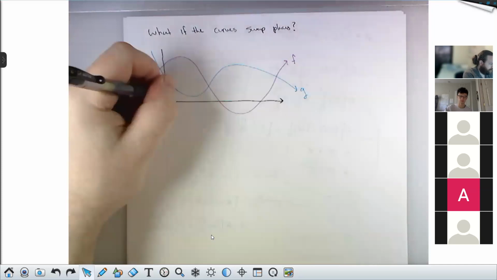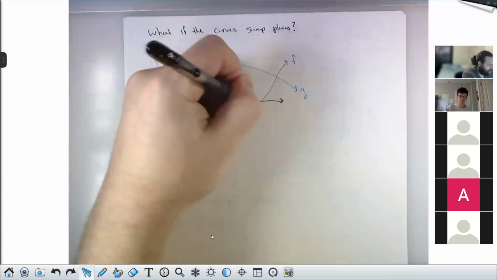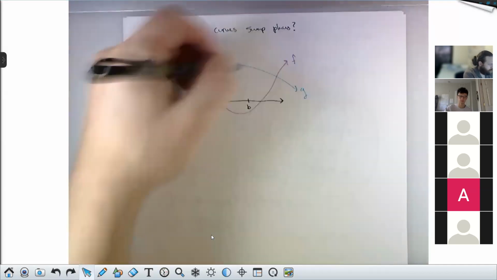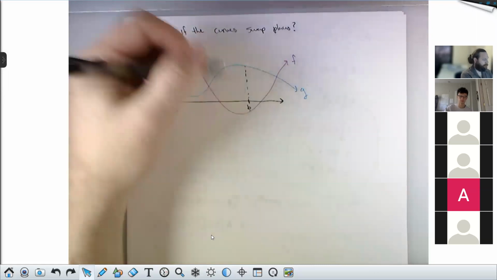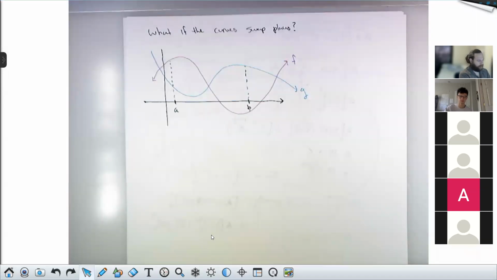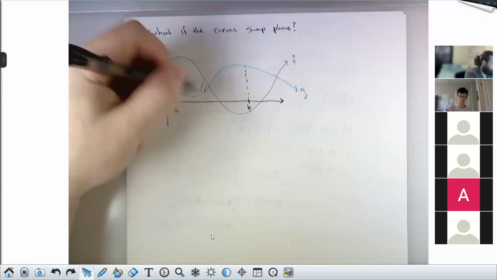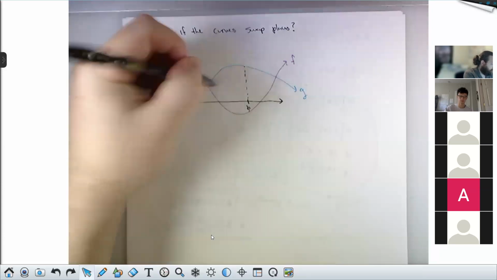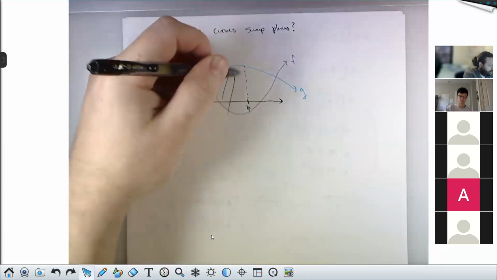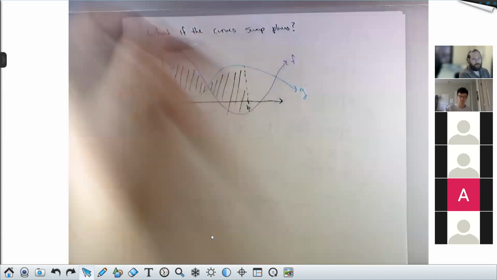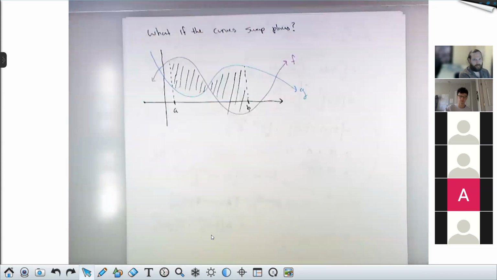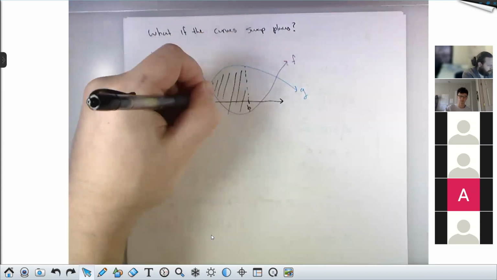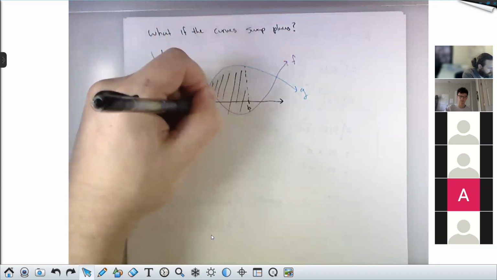For this picture, I'll put a here, and I'll put b here. Again, we're looking for the area between these curves, which is more or less this area. Ignore this little guy. I'll mark the intersection point here, its x value, as c.